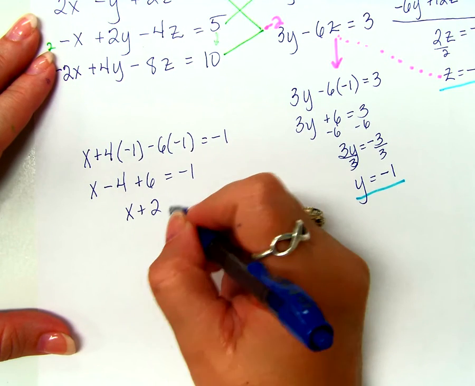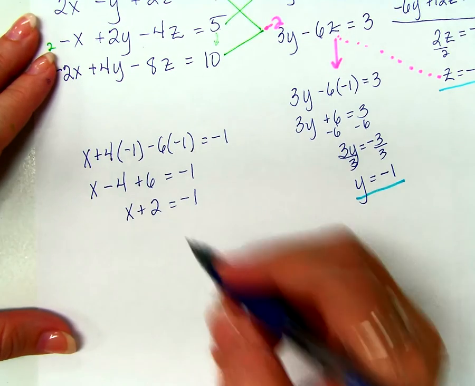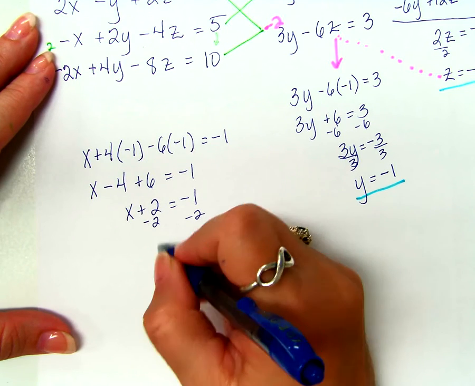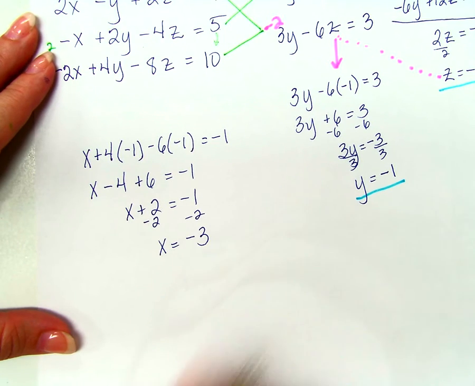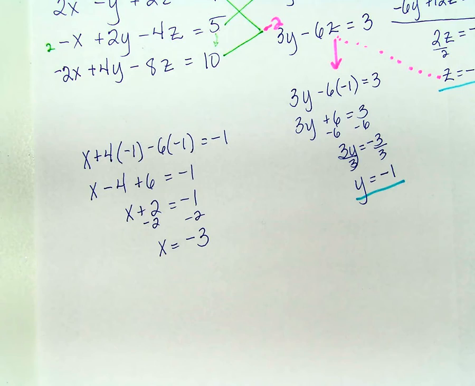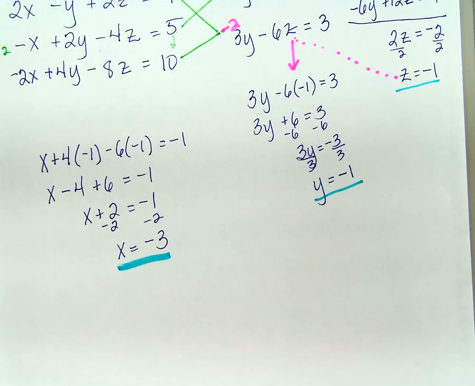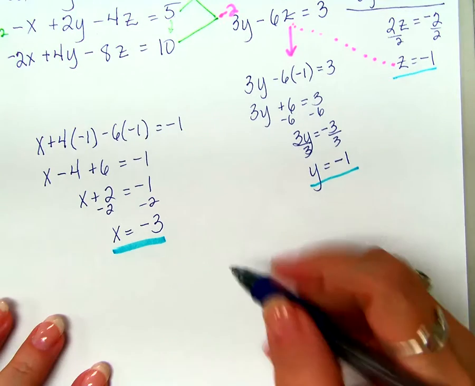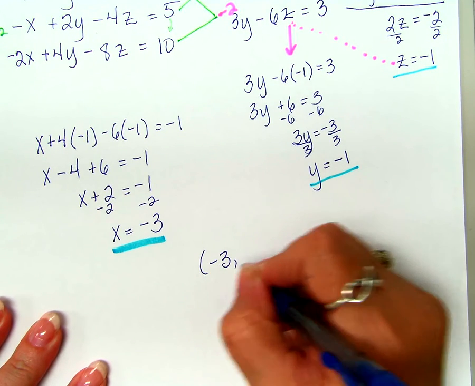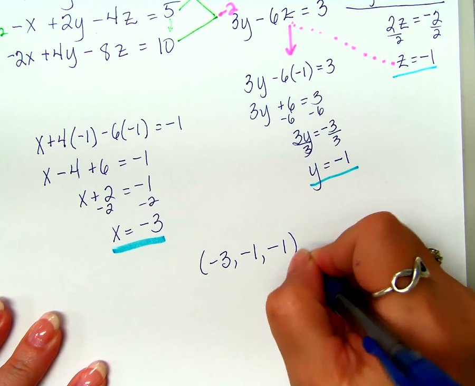X plus 2 equals negative 1. So subtracting 2 on both sides gives me x equals negative 3. So I've got my x, I've got my y, I've got my z. So what is my answer? Negative 3, negative 1, negative 1.